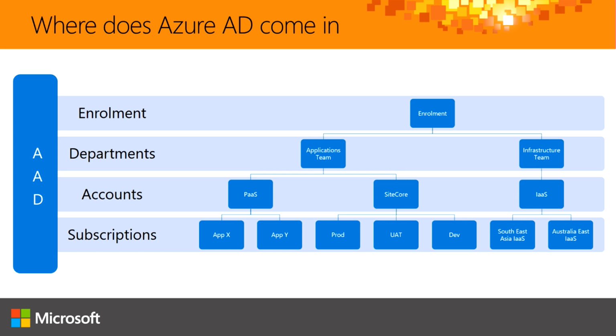So extend them out to the cloud using Azure AD Connect or Azure AD Sync, and then use Azure AD to manage and control identity for your enrolment, your departments, your accounts, and your subscriptions.